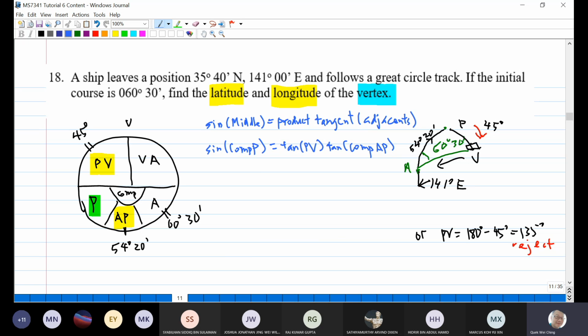Because you need com there. So sine of com P is same as cosine of P now, and tangent of com AP is 1 over tangent AP.